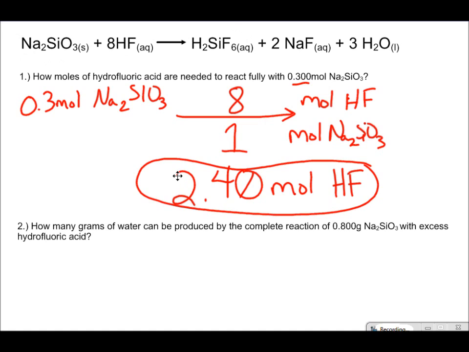That's the easy part. The harder part is if you have to go to a different unit. Now I've picked grams because that's the more complicated of the two. But realize that you could be asked to go to liters, and to do that, if you're at standard temperature and pressure, you would multiply the number of moles of your answer by 22.4.